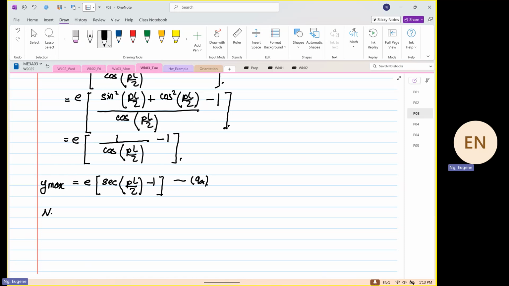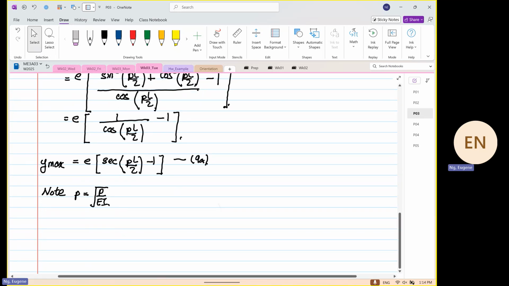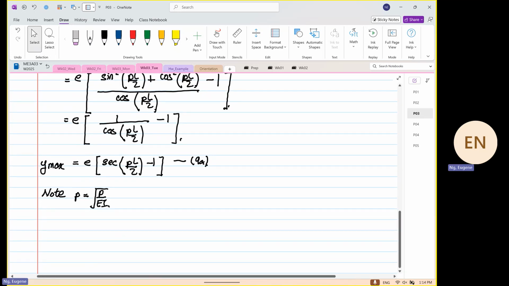So note, right? Small p is equal to what? Square root PL. Also, P over what? EI. So now we are going to put things back, okay? Like what Donald Trump said, he's going to make it right.